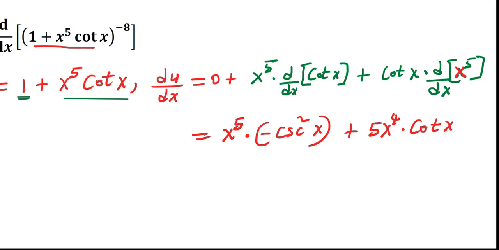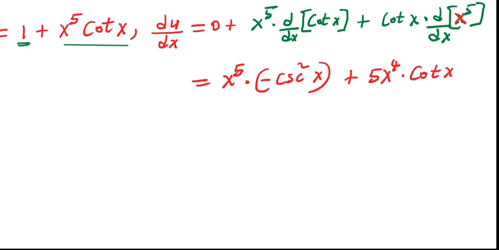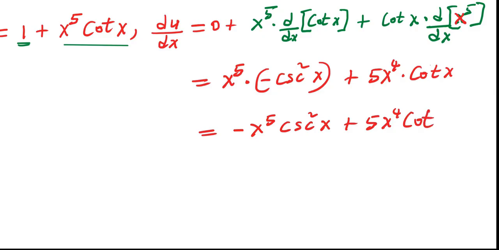So now we can write this as negative x to the 5th power cosec squared x plus 5x to the 4th power cot x. So this is the derivative of u with respect to x.